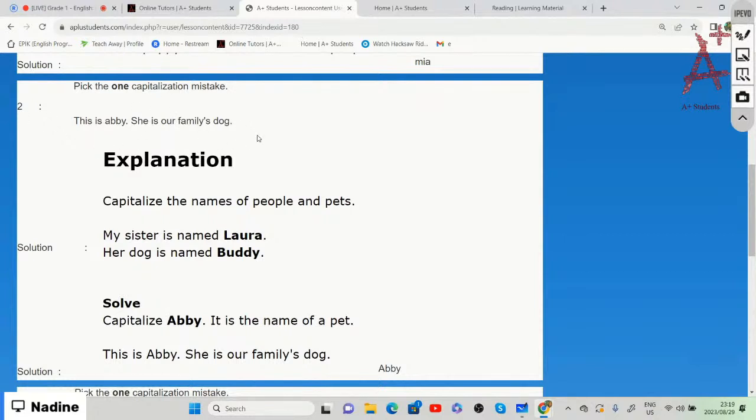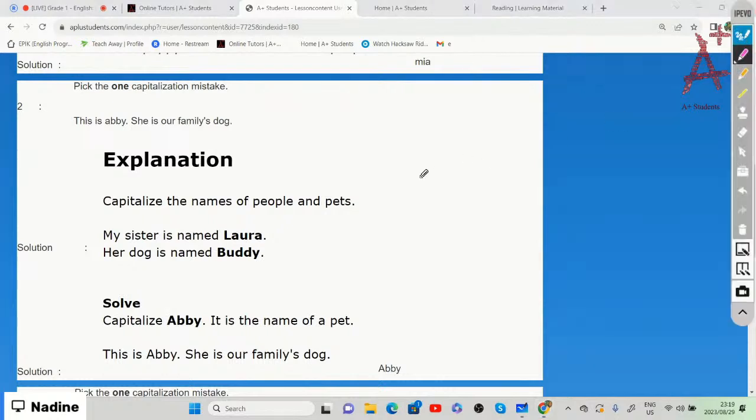We need to identify the mistake that needs capitalization, and we have identified Abby, because Abby is the name of the family dog, but it is written in a small letter, which means that Abby needs to be capitalized.